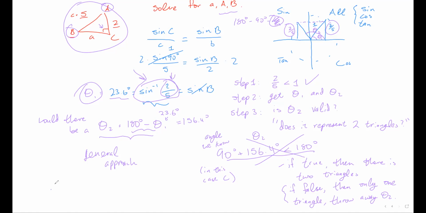So I'll write it down right here. If that angle, I'll just say 2/5, 2/5 is less than -1, or 2/5 is greater. Whoops, no, this should be strictly not equal to. Strictly one of these, then there's no triangles.